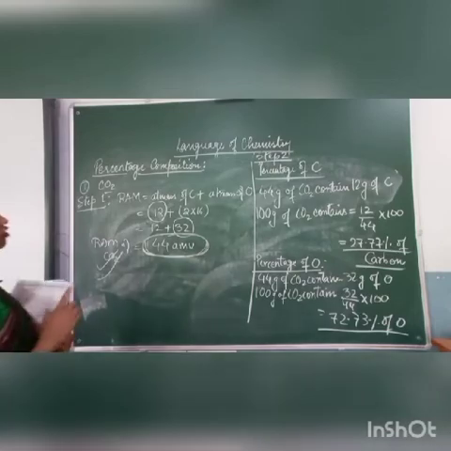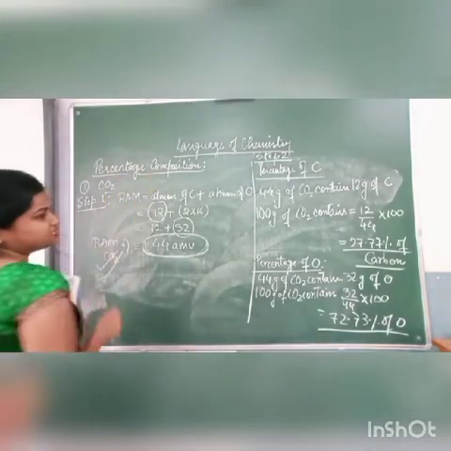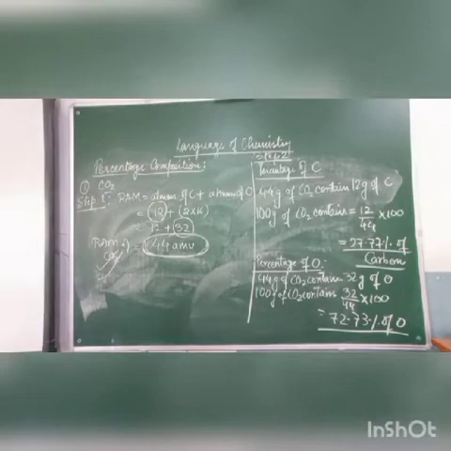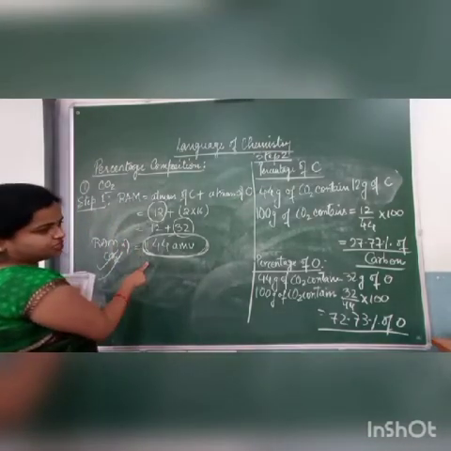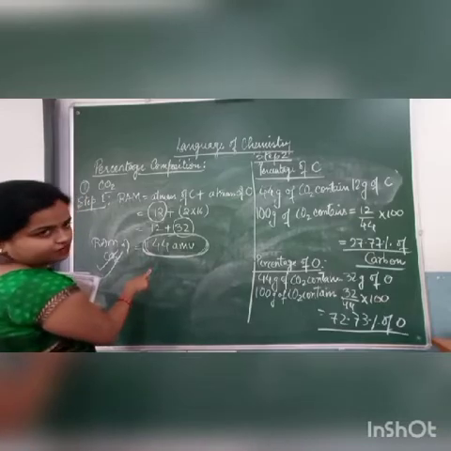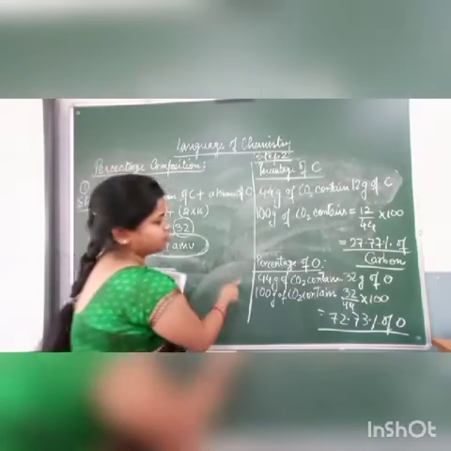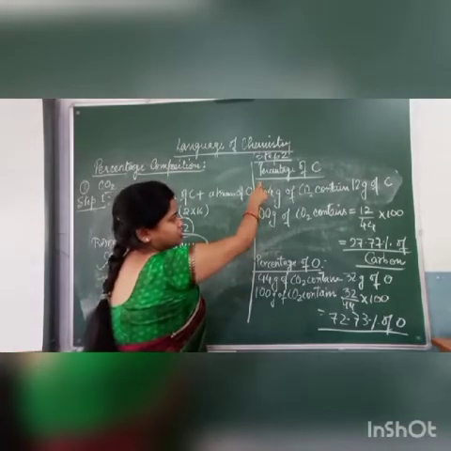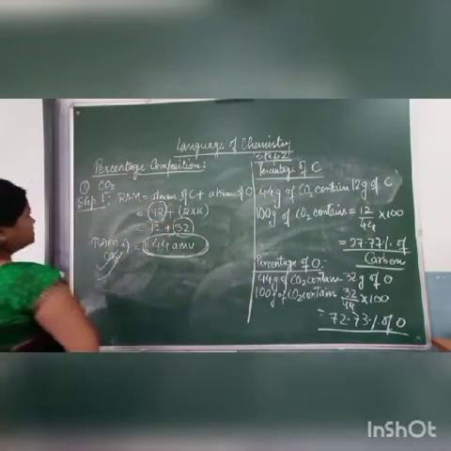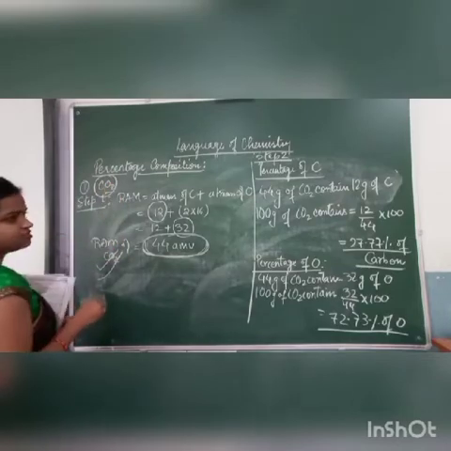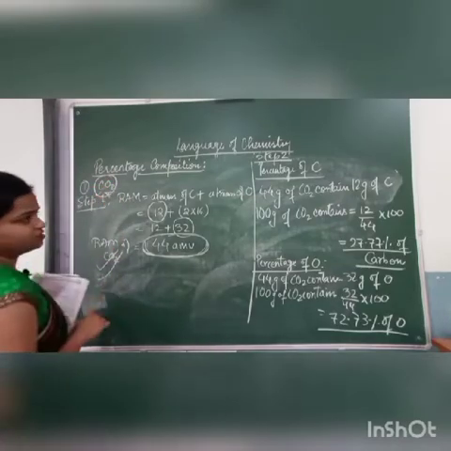So for solving a question like percentage composition, what are the steps you have to follow? First step, you have to calculate the relative atomic mass. After calculating the relative atomic mass, in the second step you have to calculate the percentage of the different elements available there. In this case, we have only two elements, one is carbon, one is oxygen.